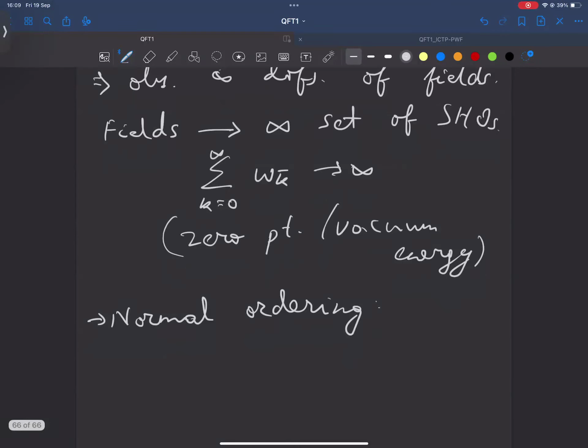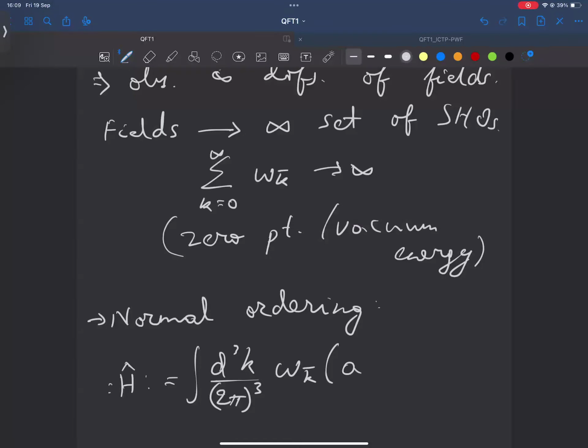So normal ordering says, let's look at it with this example of the Hamiltonian. You define your Hamiltonian in such a way that you always write the annihilation operators to the right of your creation operators.